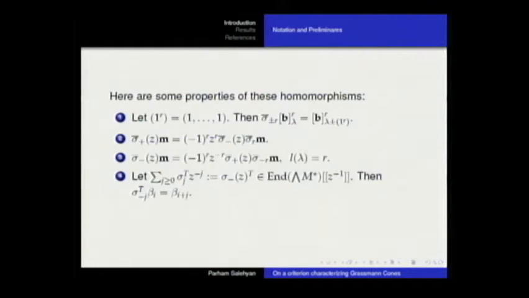Here are some properties of these homomorphisms. In this special case, we have this equality for the coefficients of sigma plus and minus and for the inverse of these homomorphisms. And we also have this equation that is, in fact, a relation between the inverse of sigma plus and the inverse of sigma minus.